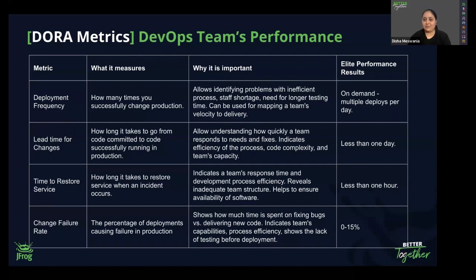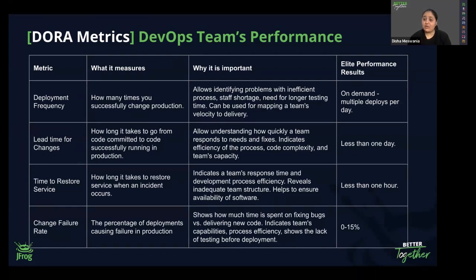However, if you see the current elite performance results, the one that we are going to look at is going to be very high frequency deployments, basically almost on demand. These are organizations that can do multiple deploys per day, right?